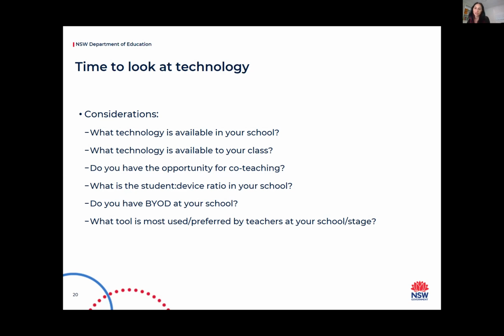And as a teacher, as you all know, we all teach differently, so some students will just prefer or understand other teachers more so than others, not for any particular reason. Another really important question is, what is the student device ratio in your school? A lot of schools are now moving towards 1-to-1 and others are moving towards BYOD. So that is something, again, that is important to look at.